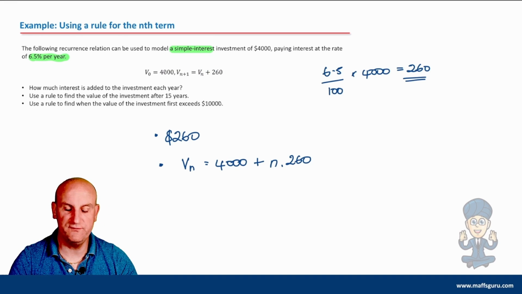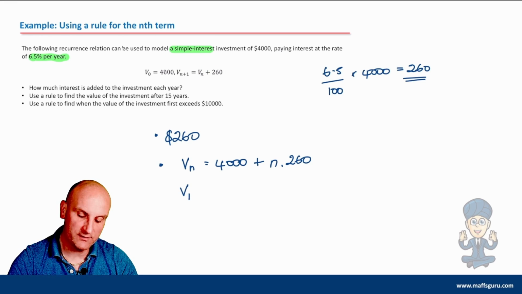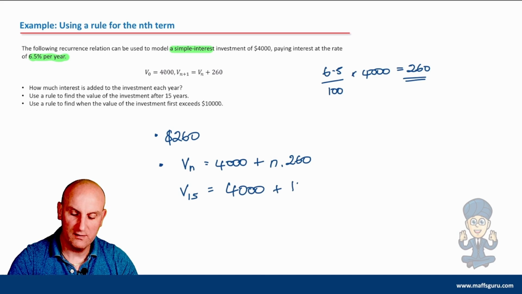I want the value after 15 years. So what they're asking me to do is find V of 15. Well, if the n here changes to 15, then the n here also changes to 15. So that becomes 4,000 plus 15 lots of 260.